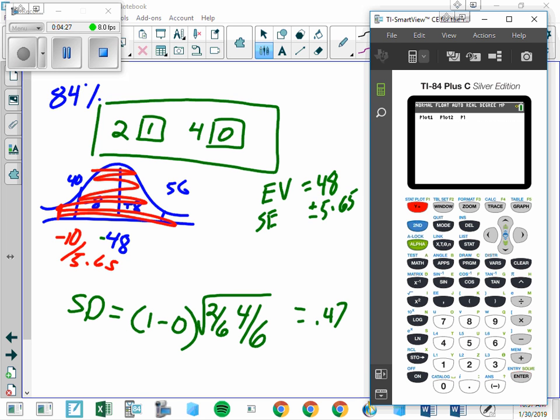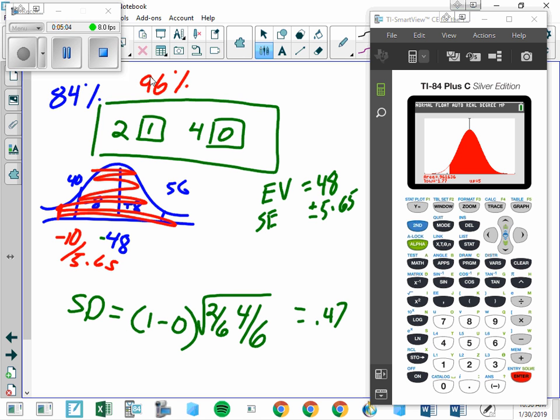So clear out my equation, and I need to do zoom recall, and then shade norm. And I want to go from -1.77 to 5. And I get a value of 96%.